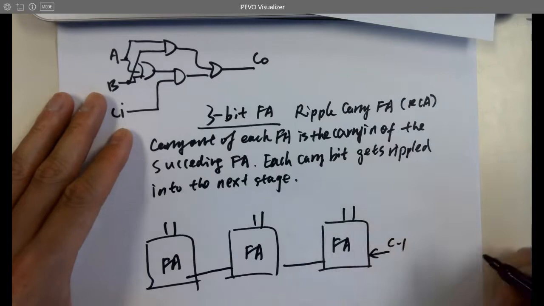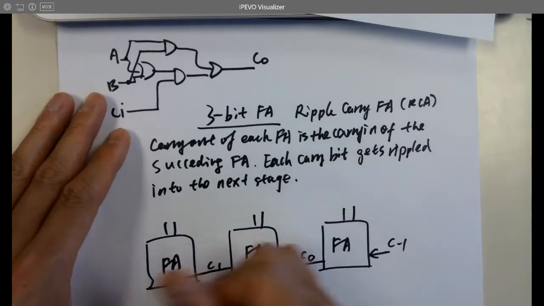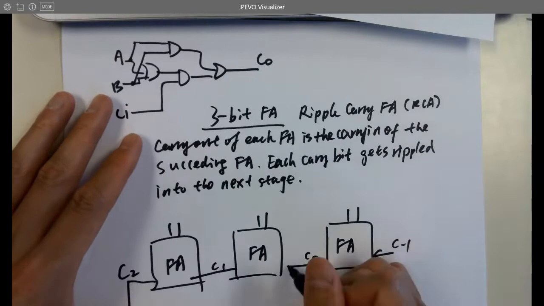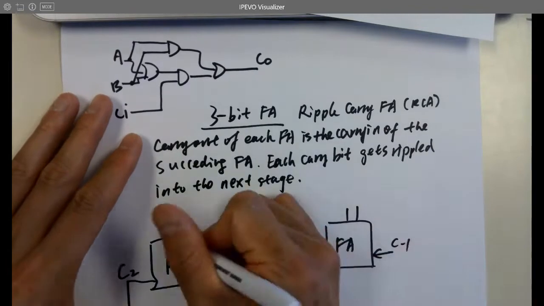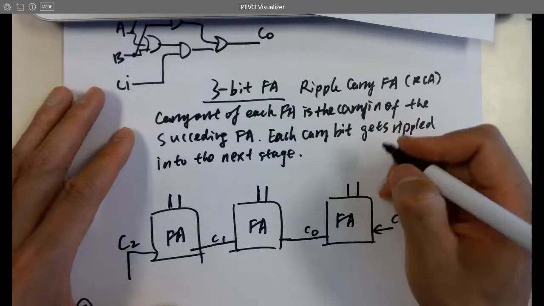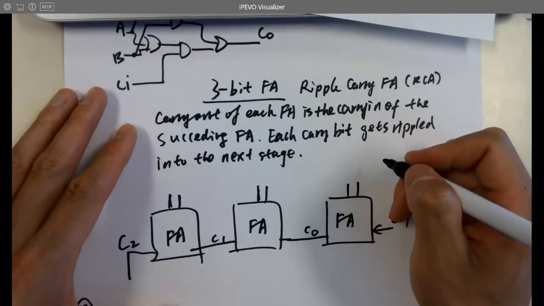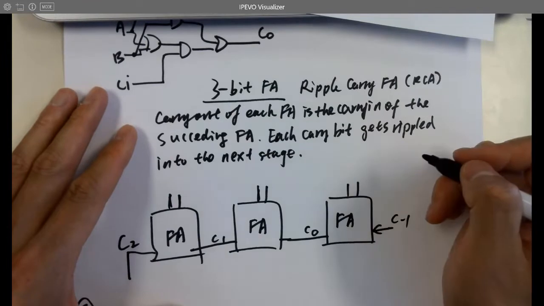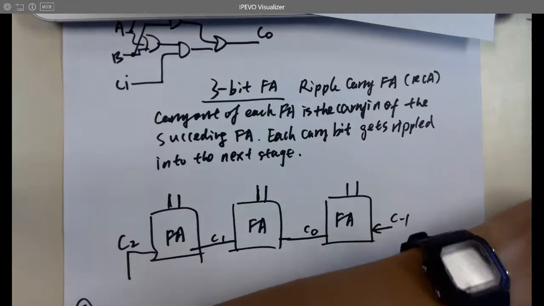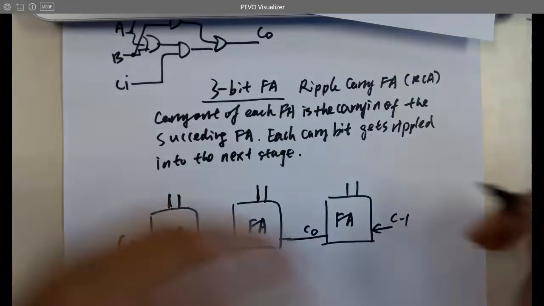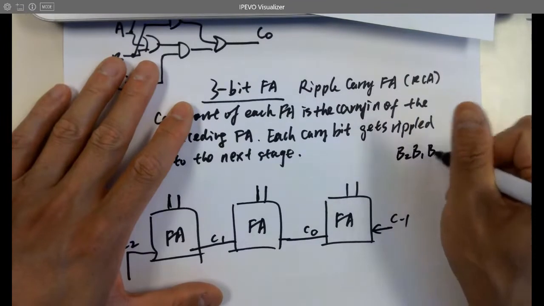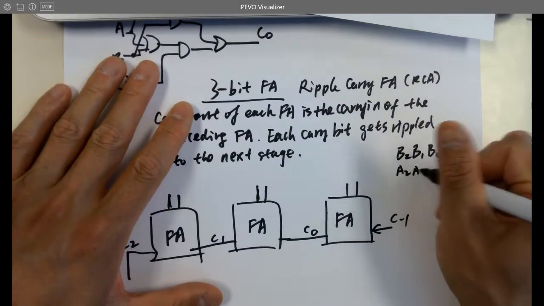Again, I name it as C-1, so this is C0, C1. So this can be C2, right? What are these bits? Yeah, right. No, wait, maybe not A1. So you're adding B2, B1, B0 to A2, A1, A0, right?